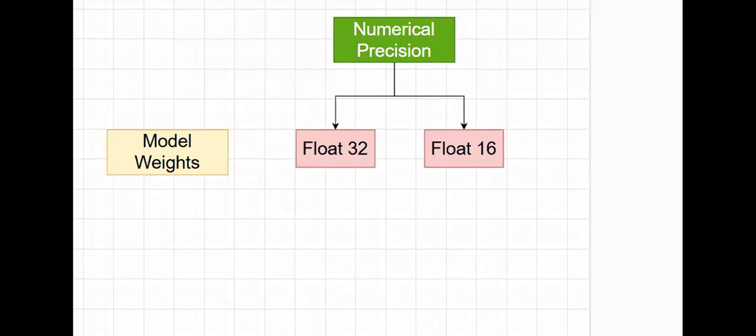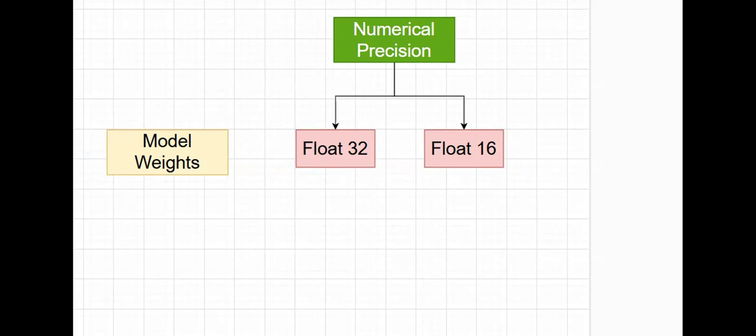So while considering a model, this model weights consideration is also important, because if we use a model with float 32, that is an FP32 type, then it will take a huge amount of storage compared to BF16. So what is BF32 or 16? This is nothing but brain float value.